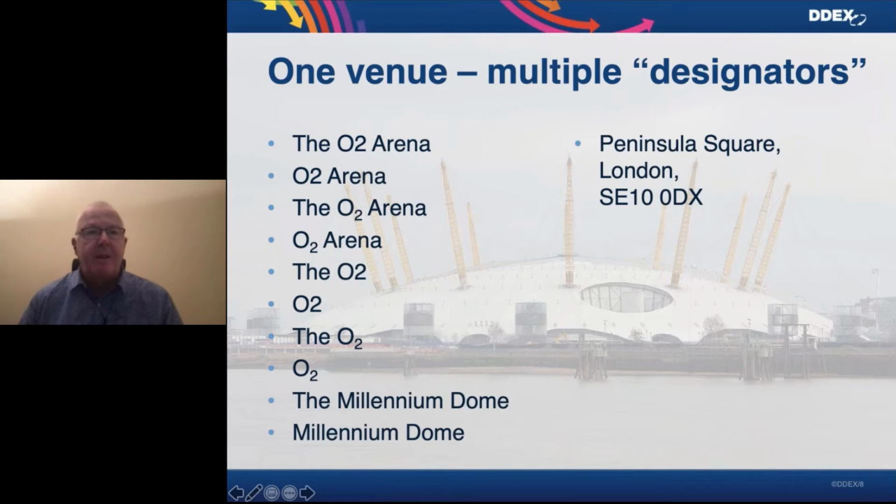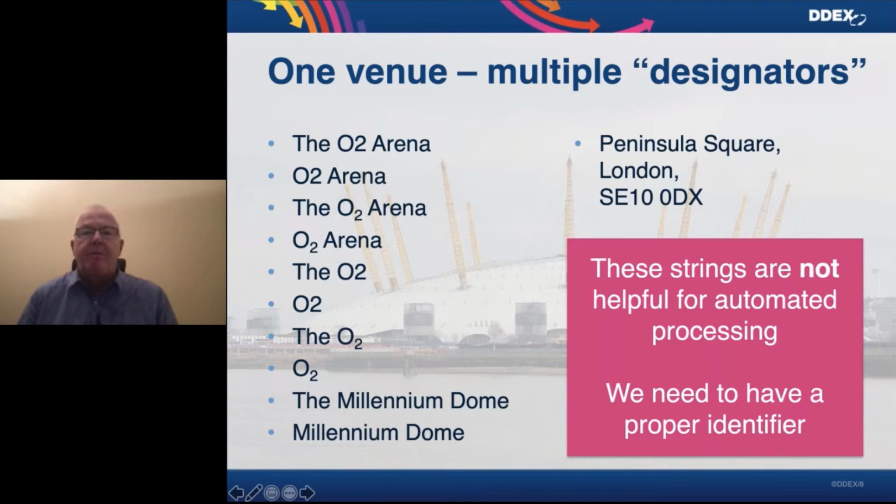The O2 Arena, the O2 Arena with the 2 as a lowercase, and a whole bunch of other things, including its address, which is Peninsula Square, London, SE10 0DX. And so that doesn't work for automated processes.